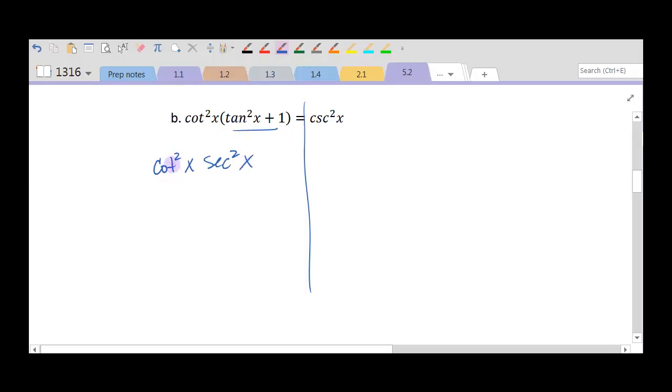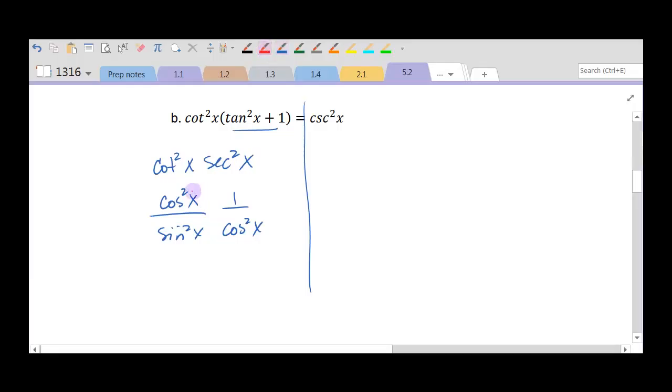Now, how am I going to get cotangent and secant into cosecant? Well, cosecant and sine are reciprocals of each other, so maybe I want to go in that route. So I can rewrite cotangent squared x as cosine squared x over sine squared x, and I can rewrite secant squared x as 1 over cosine squared x. So notice that I went from cotangent and secant and turned it into sine and cosine.